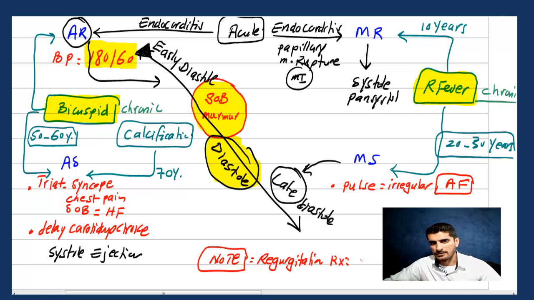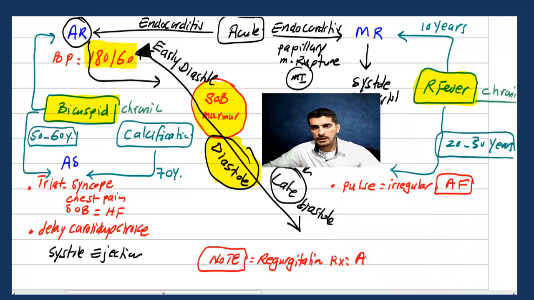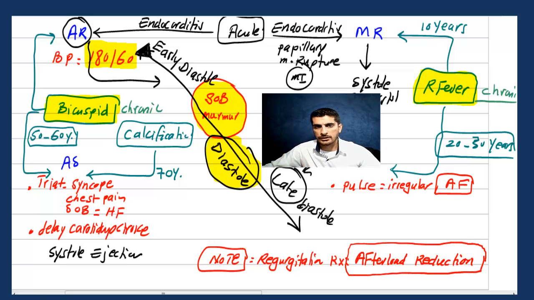It's just a measure to decrease the symptoms. You need afterload reduction, usually ACE inhibitors or sodium nitroprusside. I'm not sure, but afterload reduction is really important for both regurgs. And we talked about mitral regurg in the mitral regurg lecture. So afterload reduction for regurg.